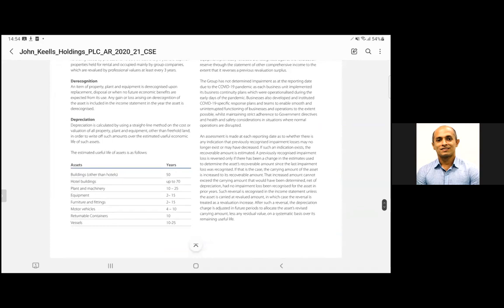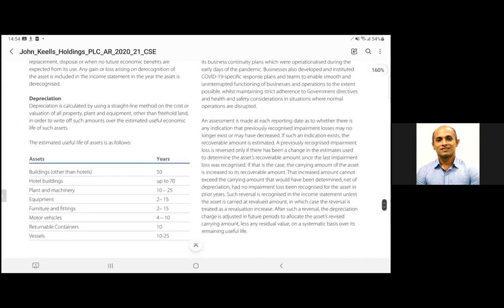Right. So this is about property, plant and equipment.